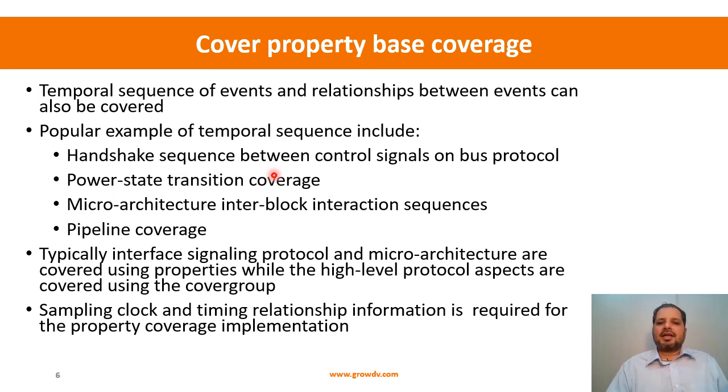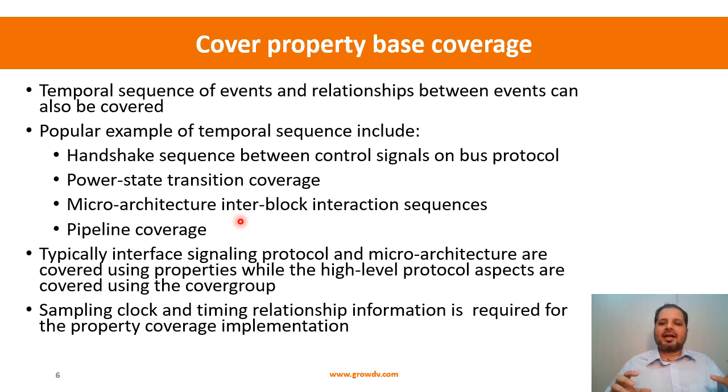For example, any handshake sequence between your control signals on a bus protocol, or any power state transitions that appear as a state machine within your design. In terms of microarchitecture, if two blocks are interacting with each other and there is some sort of internal handshake sequence, those you can cover.